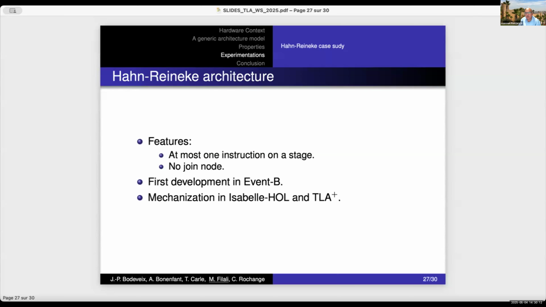We have at most one instruction on a stage, and no join node. We have done a first development in Event-B, where we mainly considered the abstractions and the refinement between these abstractions. And then we proceeded to Isabelle/HOL and TLA+, mainly for the proofs.